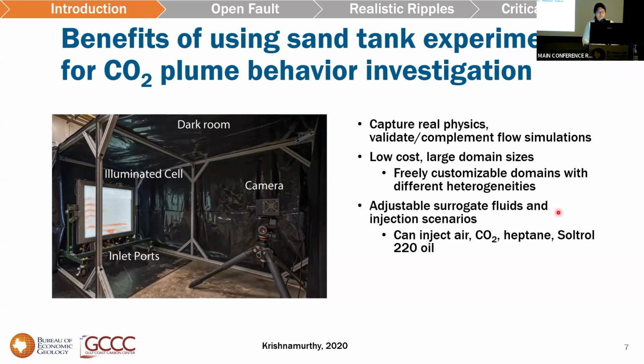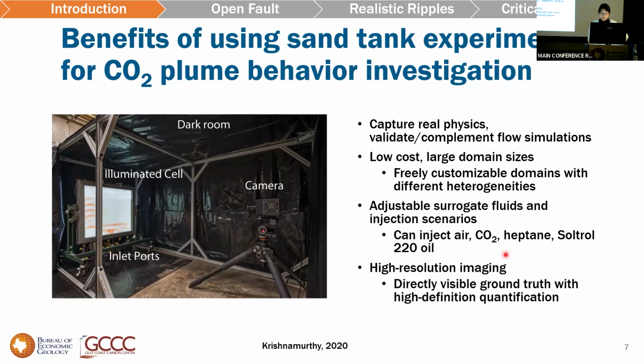We can freely adjust the kind of surrogate fluids and injection scenarios that we use. So using these different fluids, we can model the injection of either gaseous CO2 or supercritical CO2. Finally, we also have high-resolution imaging that offers us direct visible ground truth, so that we can use these data sets to validate and improve flow simulations.